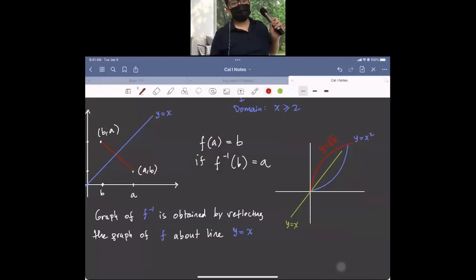Okay, I think I will stop this screen share, and let me go through screen 2.